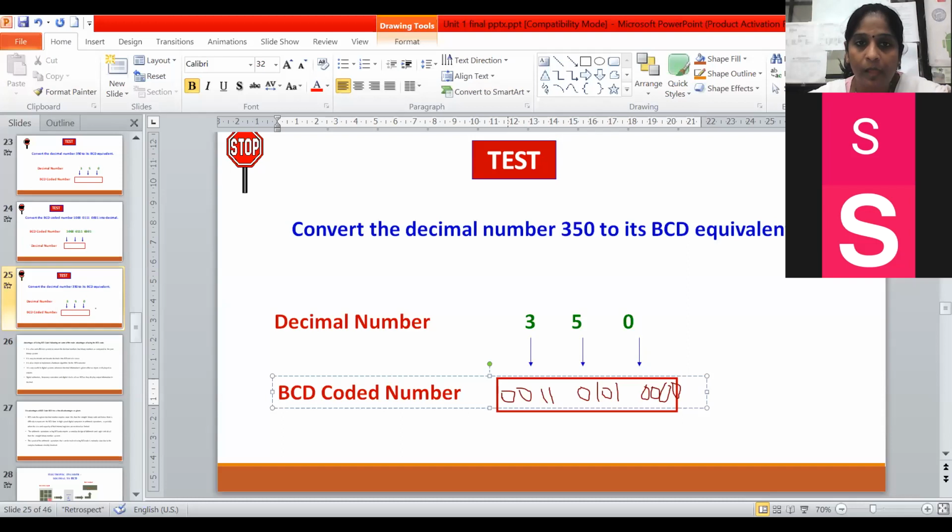Just a minute. I have given one binary number also.